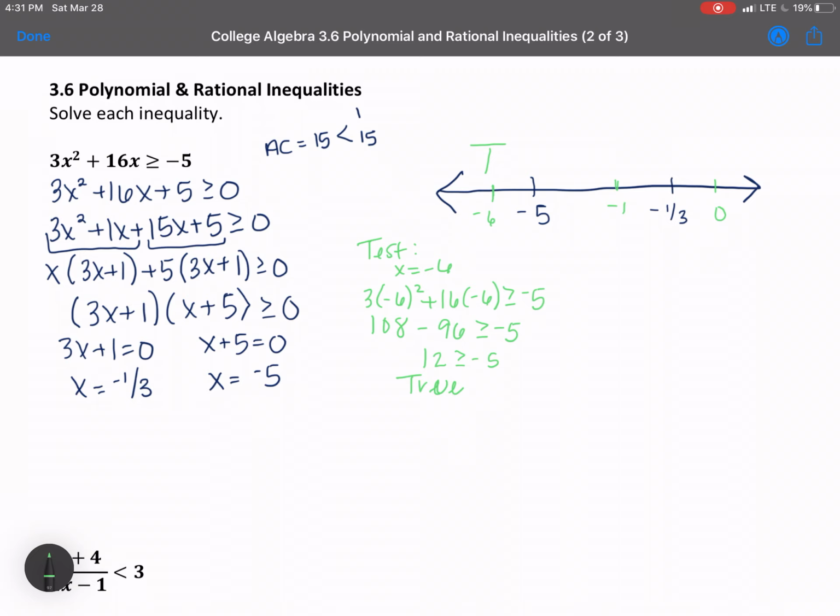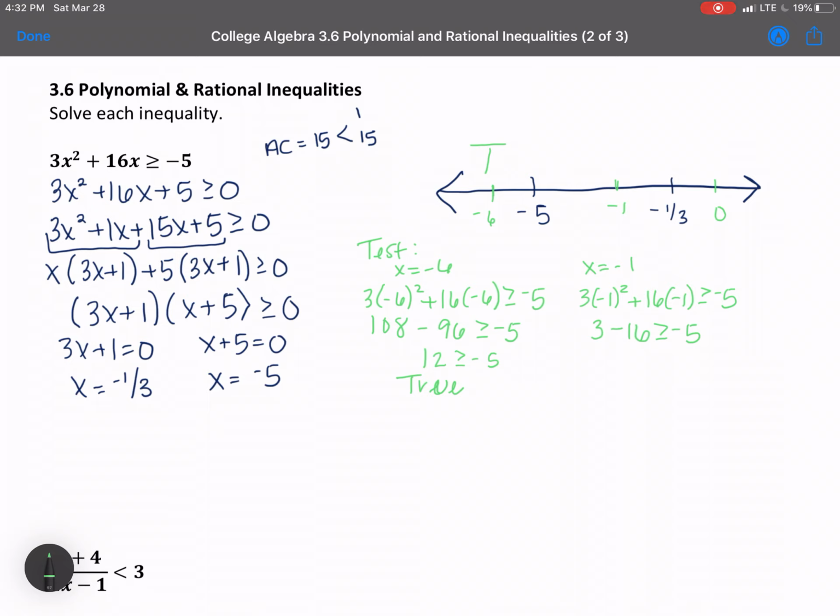Now if we test x equals -1, we have 3 times -1 squared plus 16 times -1 is greater than or equal to -5. -1 squared is a +1, times 3 is 3, plus 16 times -1 gives us -16, greater than or equal to -5.